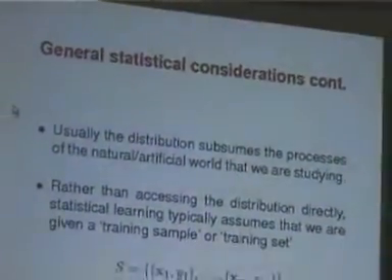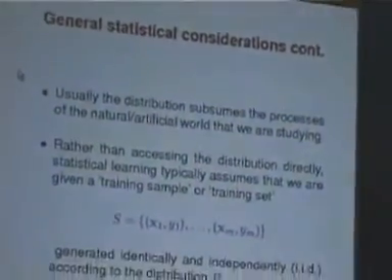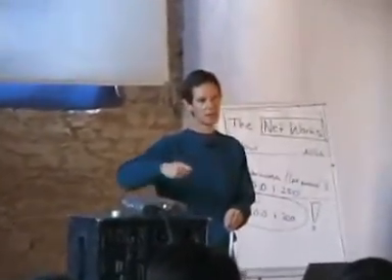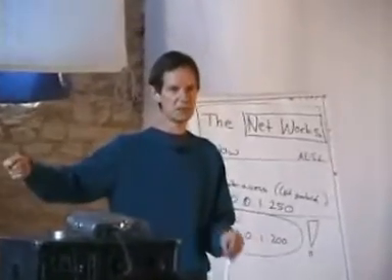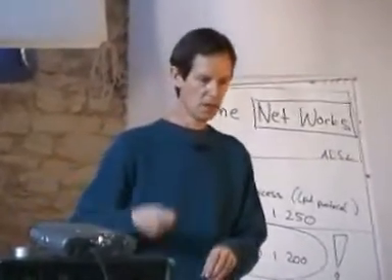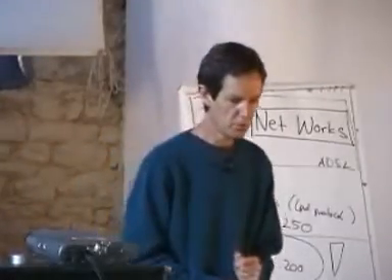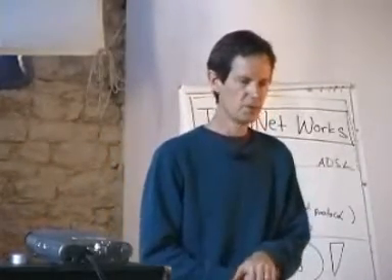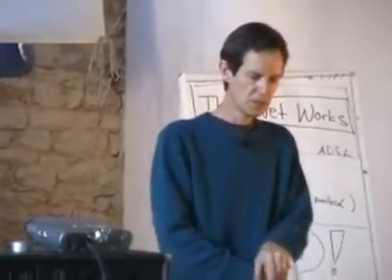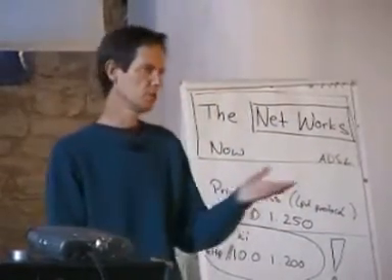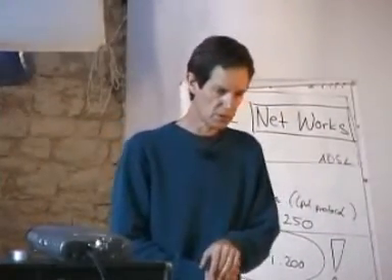Now, the problem in learning is precisely the fact that that distribution contains the information, but we have no way of accessing it directly. We have no way of getting to, if you like, an explicit formula for the probability density function of that distribution. Rather than that, we're given a rather poor training sample or training set, which is just a sample of points generated according to that distribution, the classical situation, the training sample.